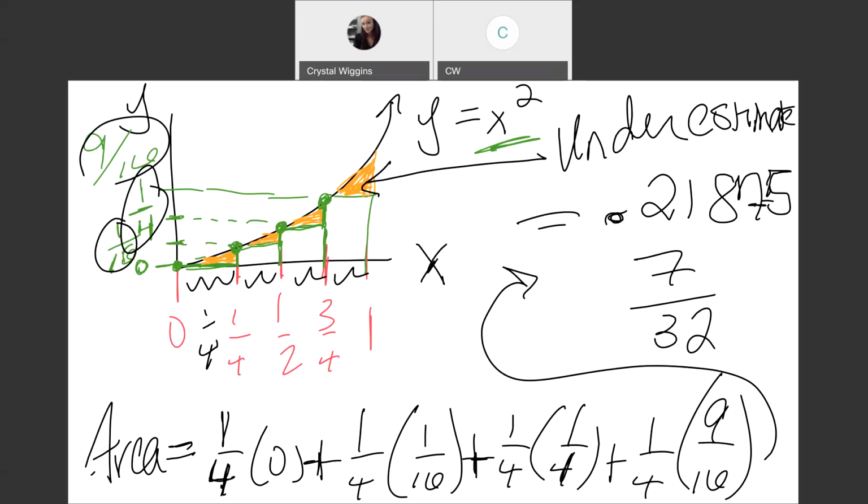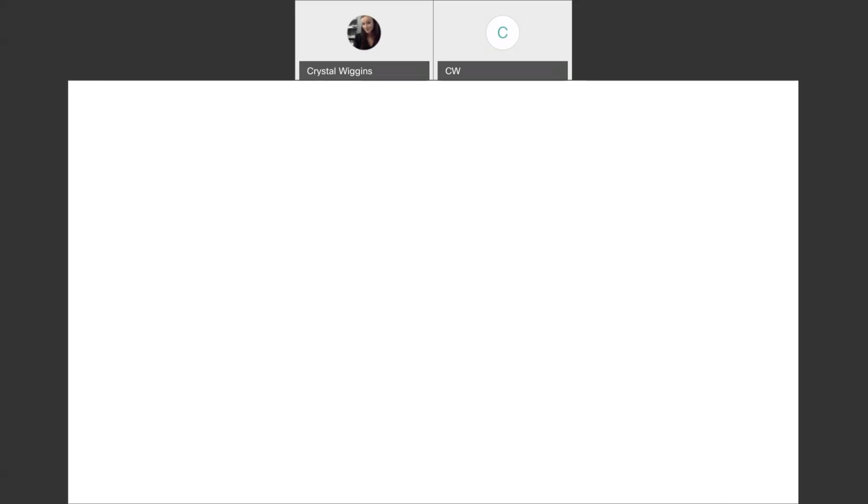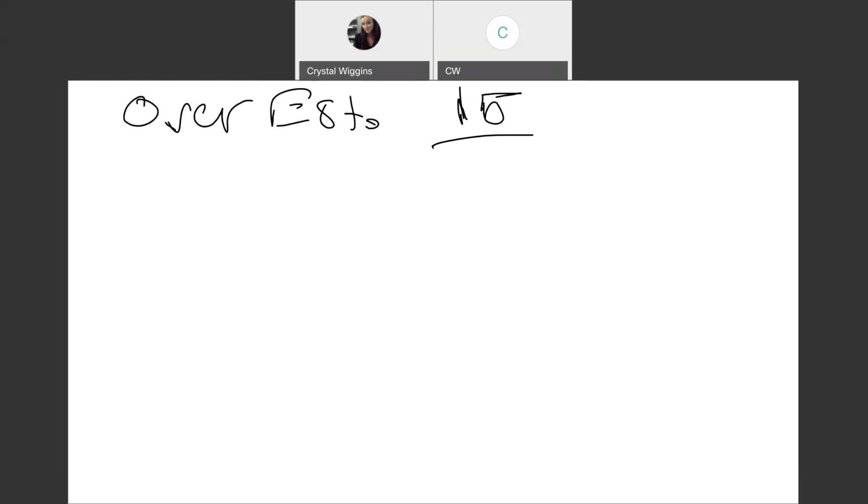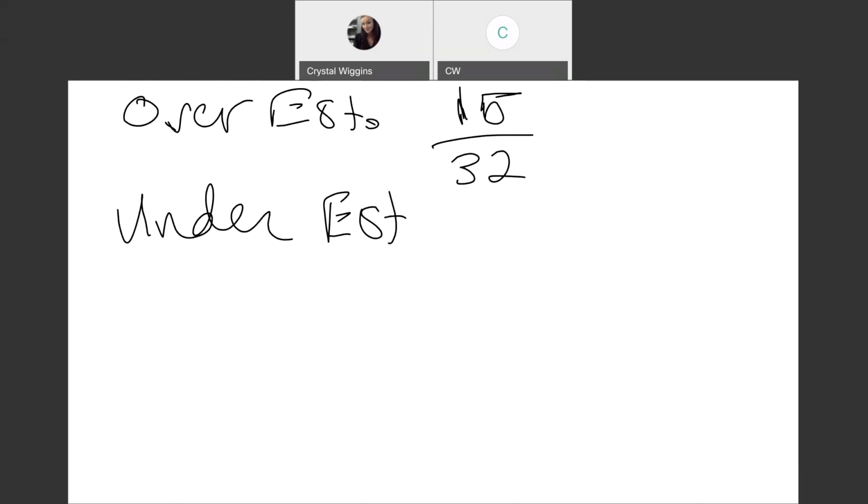So you may think, well, what if I average those together? That's actually not a bad idea. If you take your overestimate of 15/32, and you take your underestimate 7/32, and you average them together, you get a much more accurate estimate.